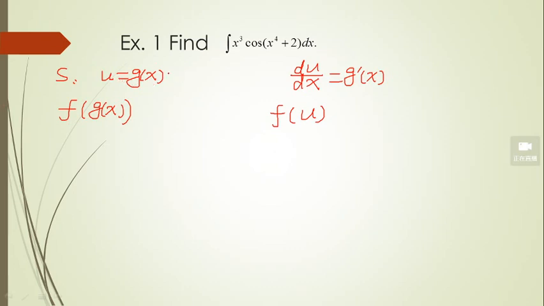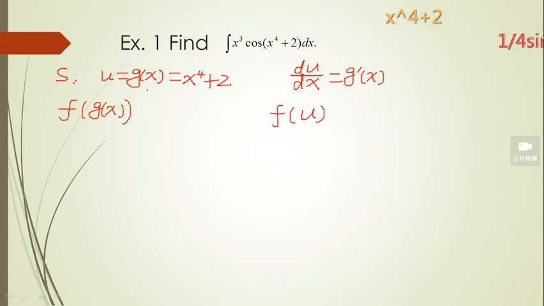Yes, we get one student's reply. Here, u will be the function inside the cosine. If we let u be this function, then that becomes cosine u. It will be easy to deal with the antiderivative of cosine u.